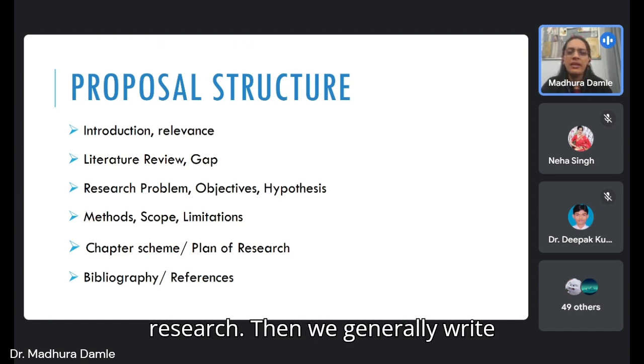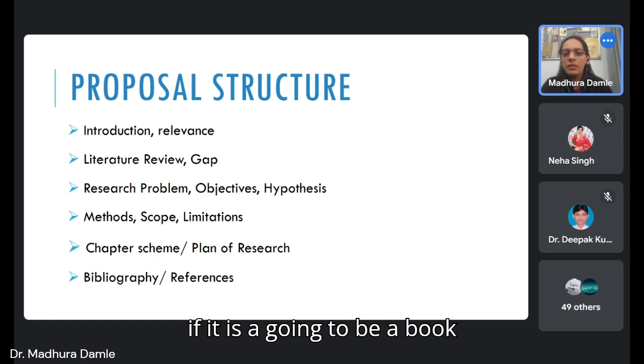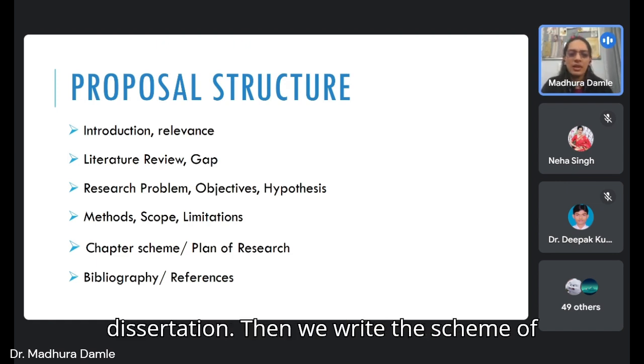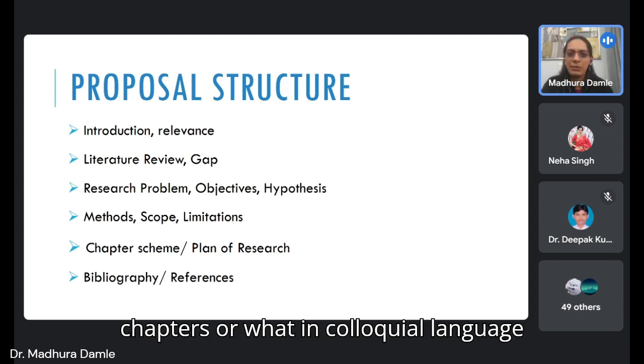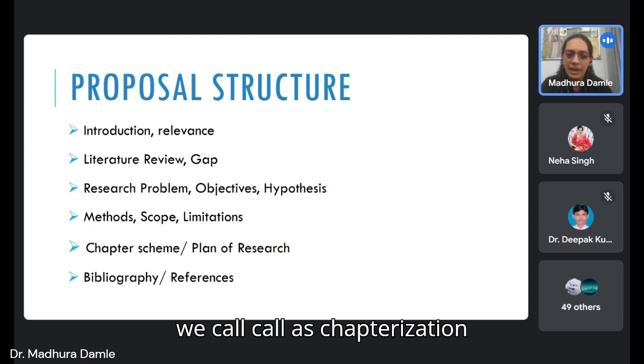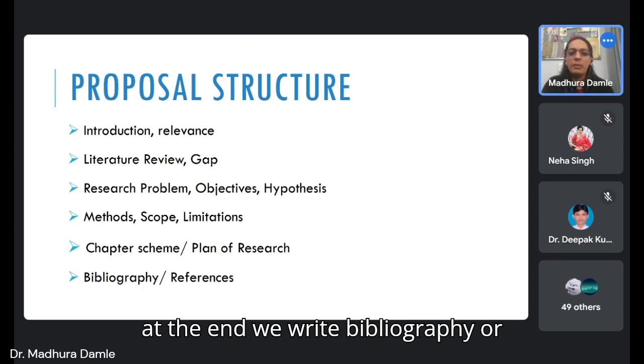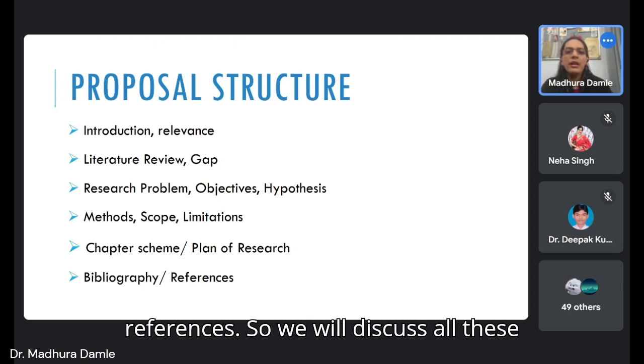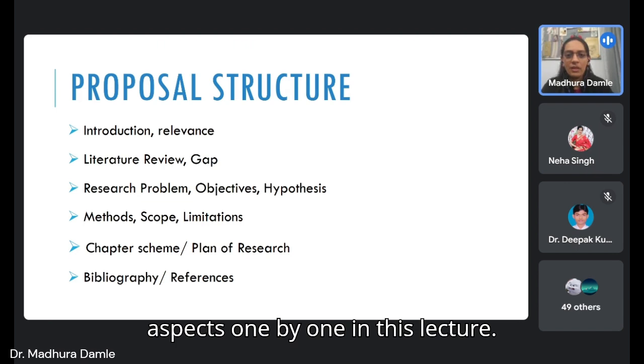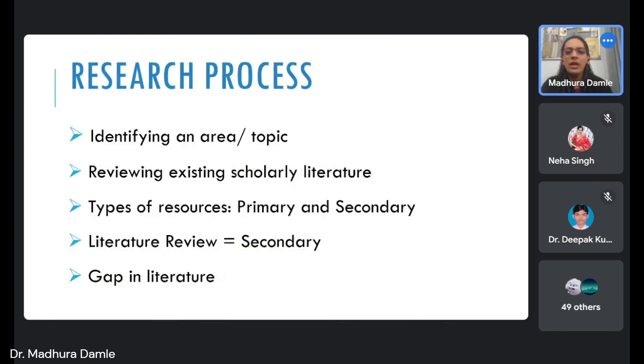Then we generally write, if it is going to be a book or research thesis or dissertation, the scheme of chapters, or what in colloquial language we call chapterization, or we explain plan of research, and at the end we write bibliography or references. So we will discuss all these aspects one by one in this lecture.